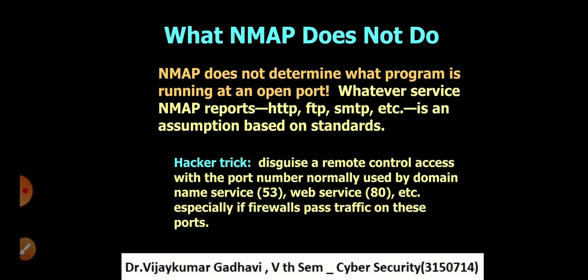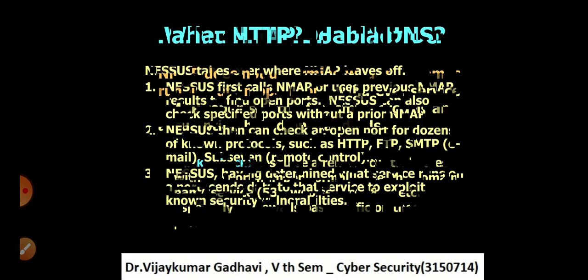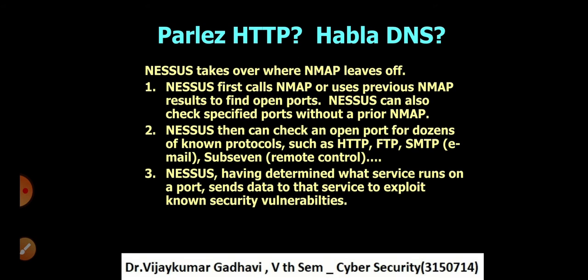A hacker's trick is to set up remote control access with the port number normally used by domain name service, web service, etc., especially if a firewall passes traffic on these ports. This is important for security concerns with the NMAP tool.